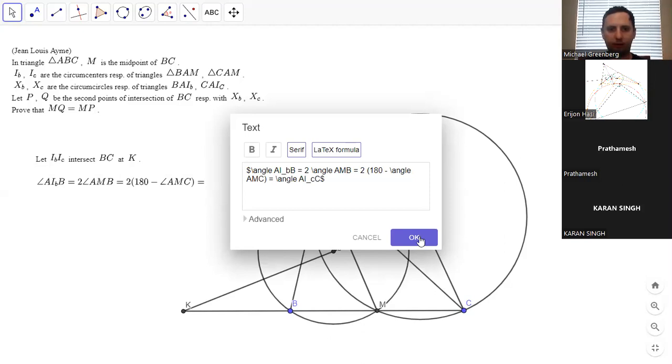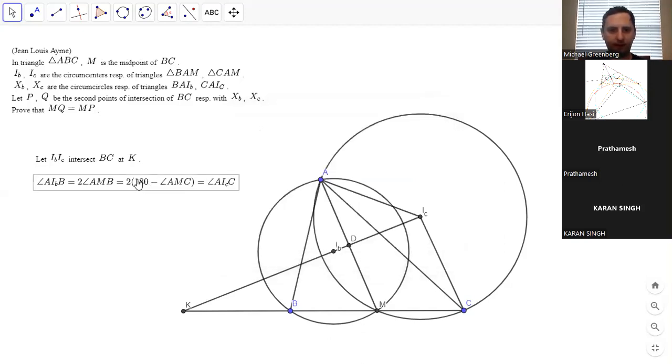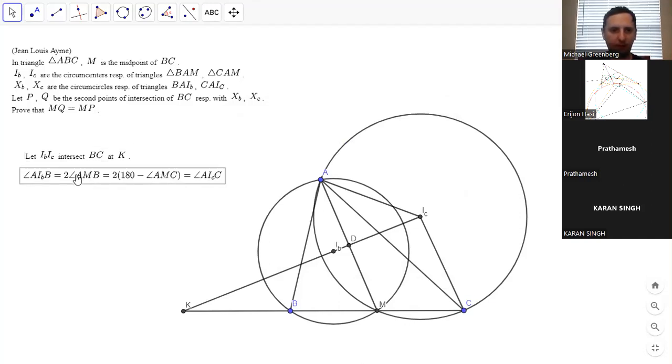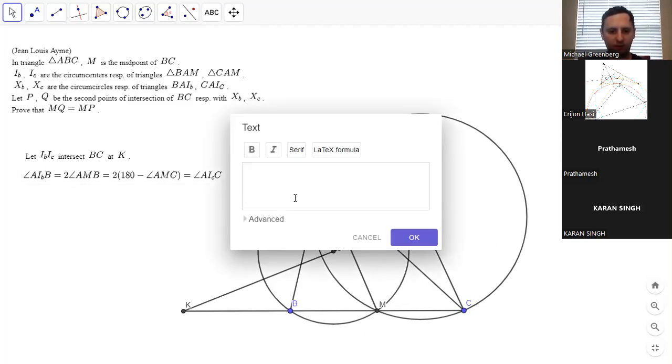So then those triangles are similar because both are isosceles. And once we know that, AIBB is similar to triangle AICC. Both are isosceles and share an angle.